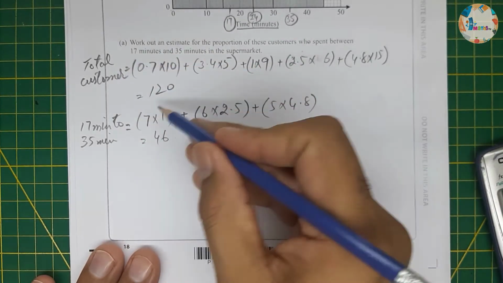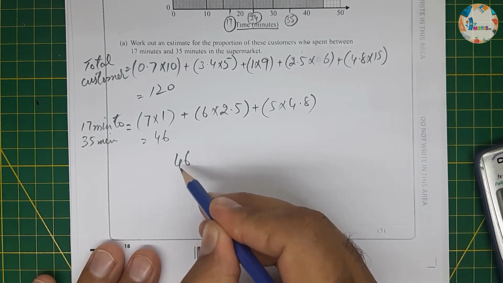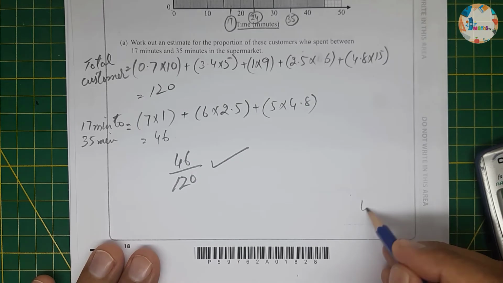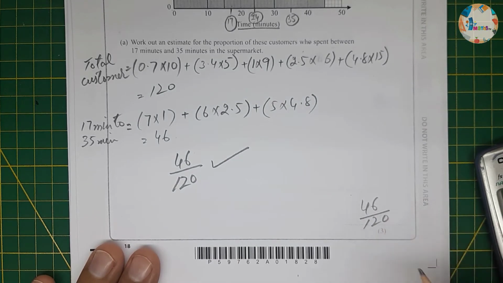We have calculated this total. So 46 out of 120, this will be our answer. So we can write 46 over 120 over here.